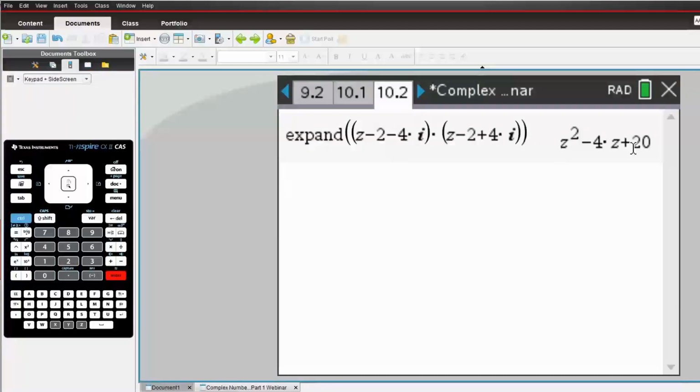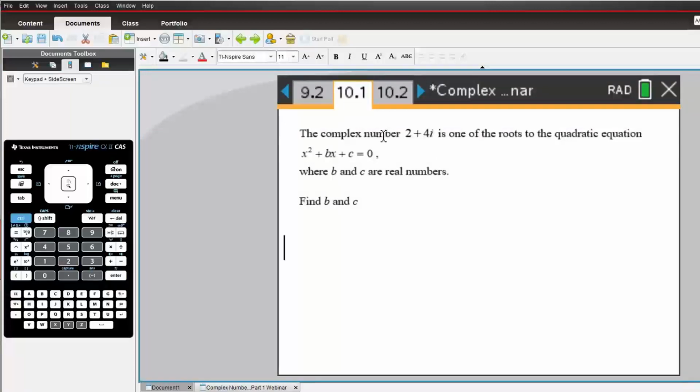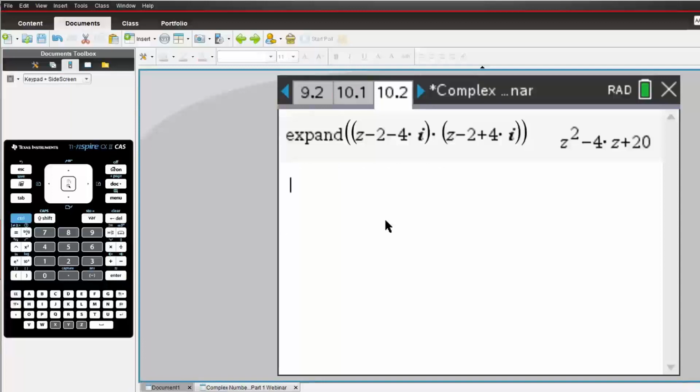So it's z squared minus 4z plus 20, which means that b is minus 4 and c is 20.